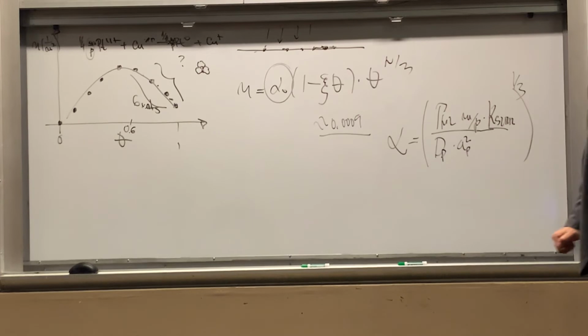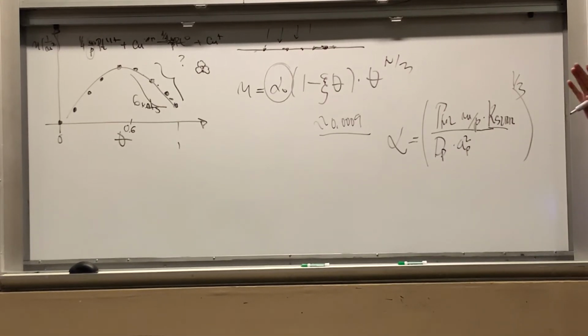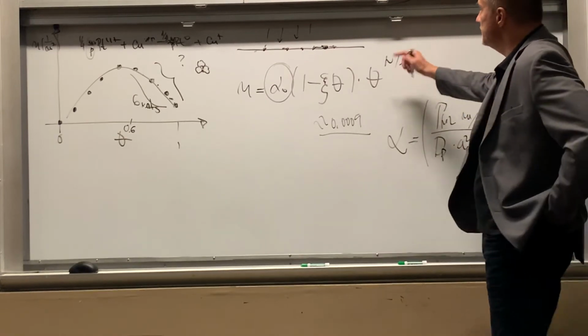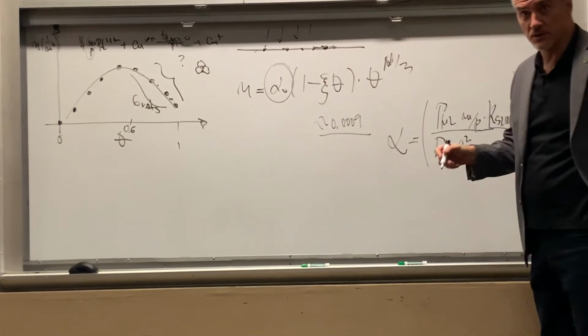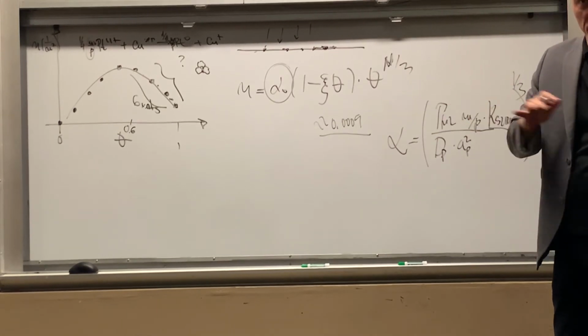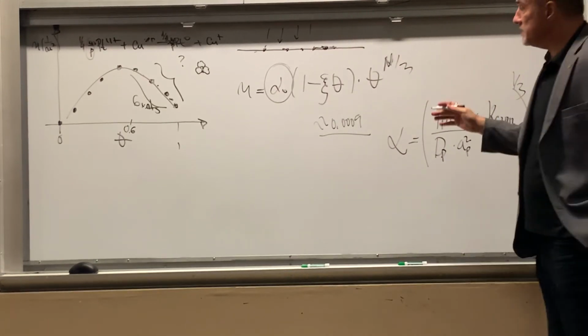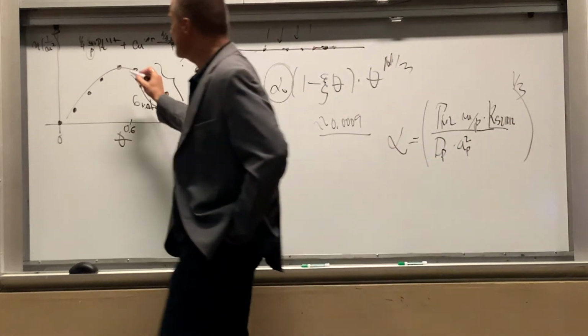Okay. Now, without going into much detail about the math, I assume you do understand that this factor n, which is the order of the reaction, which I explained to you, does control the position of your maximum.